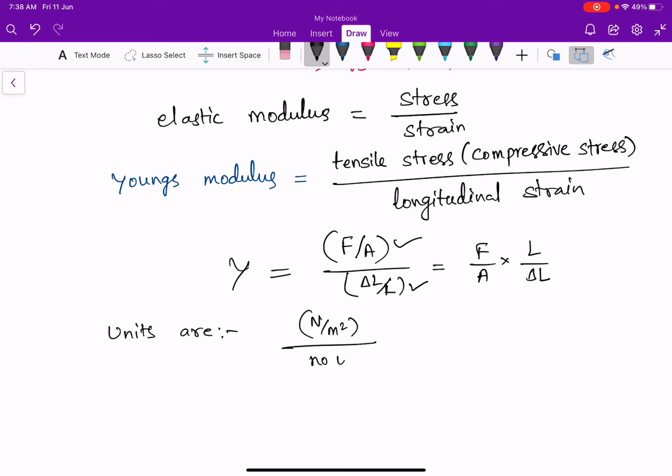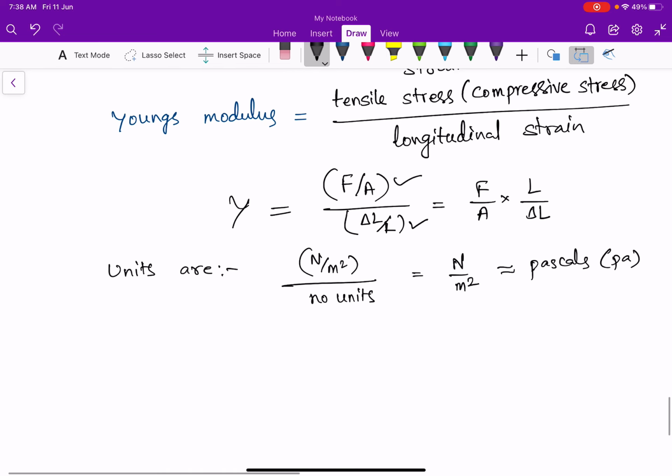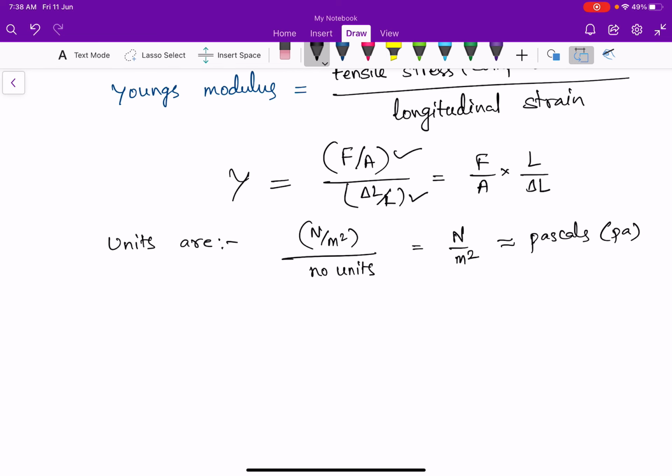So Young's modulus has the same units as stress: Newton per meter square, which is equivalent to pascals, indicated with Pa. This is all about Young's modulus.